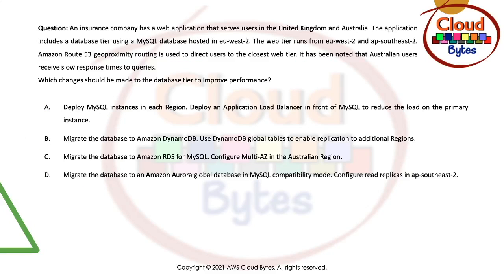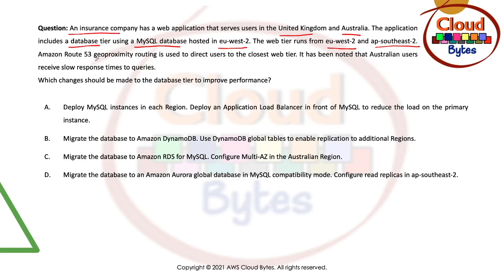Okay, this question: an insurance company has a web application that serves users in the UK and Australia. The application includes a database tier using a MySQL database hosted in EU West 2 and a web tier in EU West 2 and Asia Pacific Southeast 2.